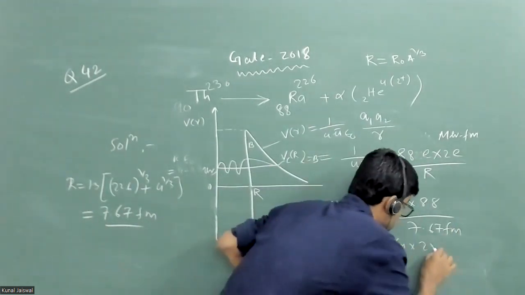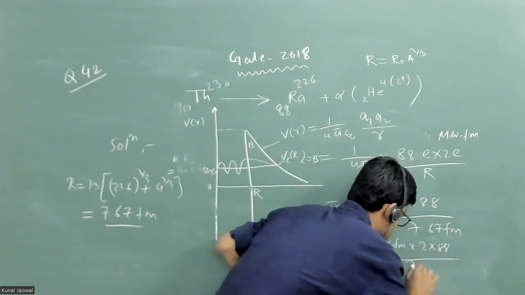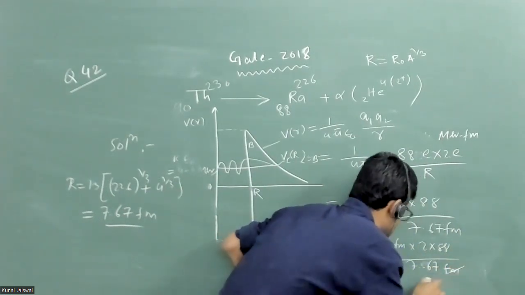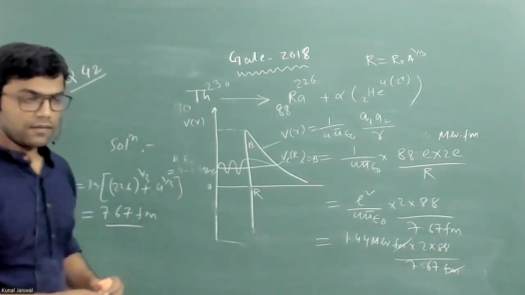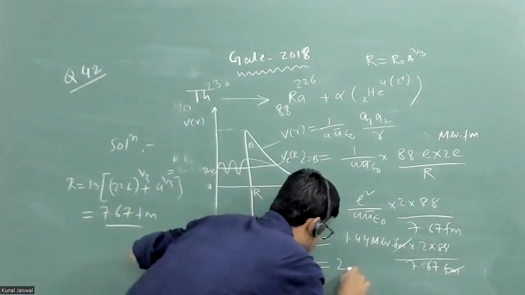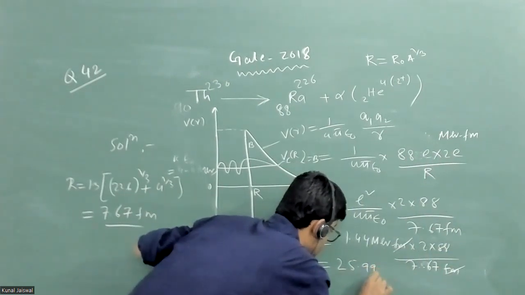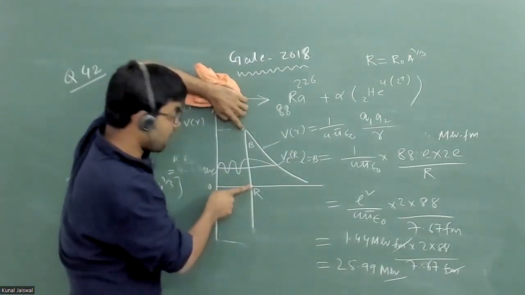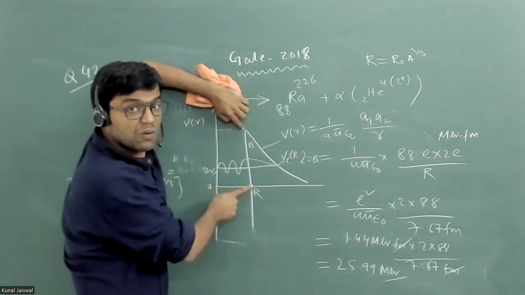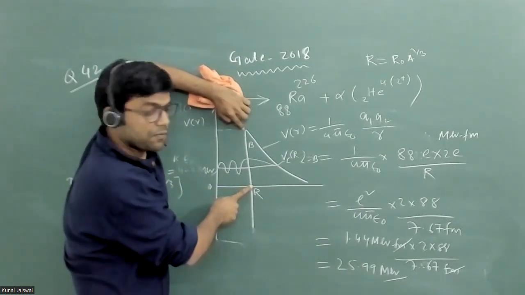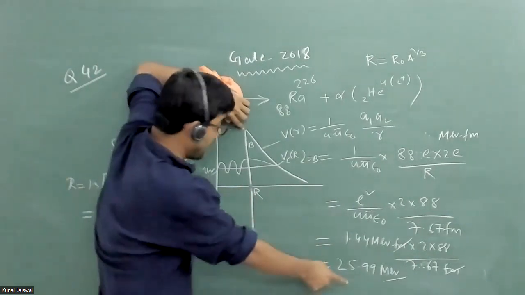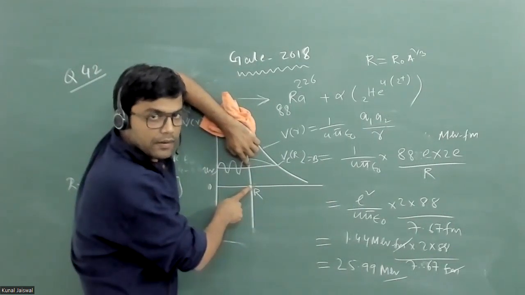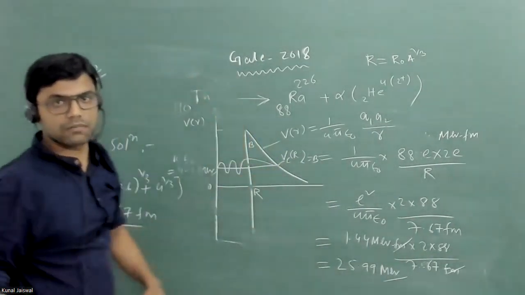So you have 1.44 times 2 into 88 divided by 7.67 femtometer. The femtometer will cancel, and if you calculate, you'll get 25.99 mega electron volt. So this is the Coulombic barrier height when the surface of the daughter nucleus is just touching the surface of the alpha particle. This barrier height is quite large compared to the kinetic energy of the alpha particle. Still, it can tunnel because of quantum nature.